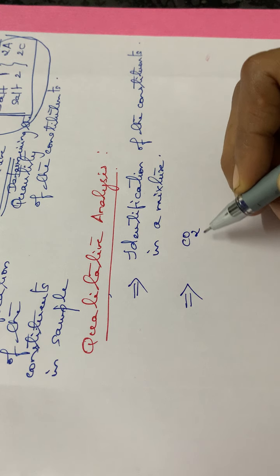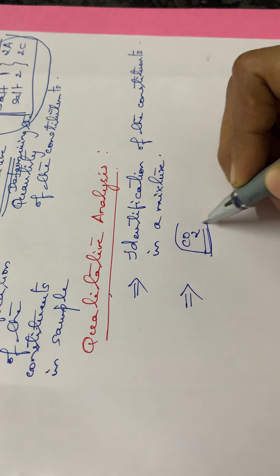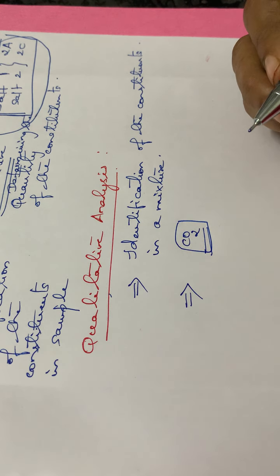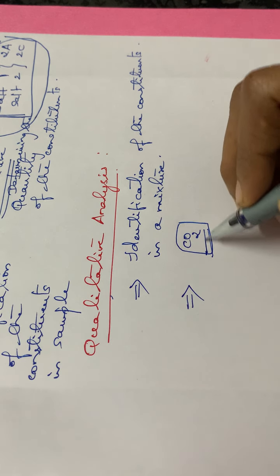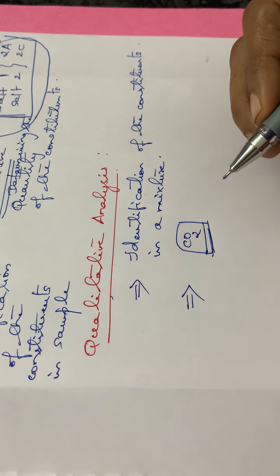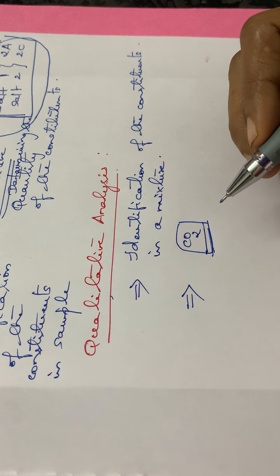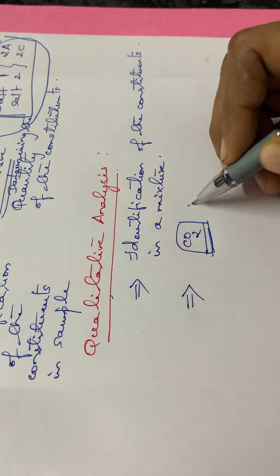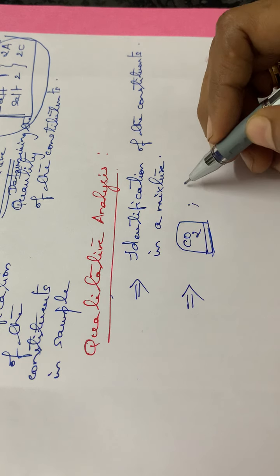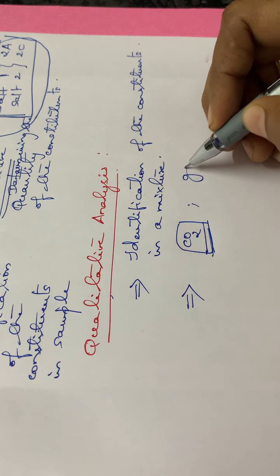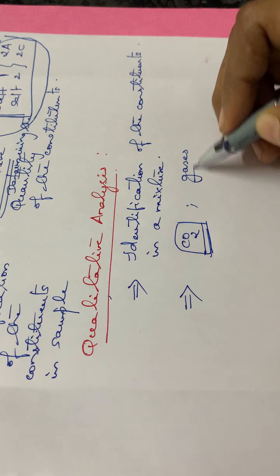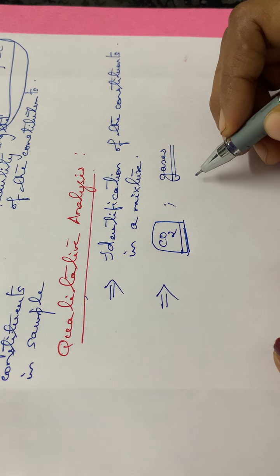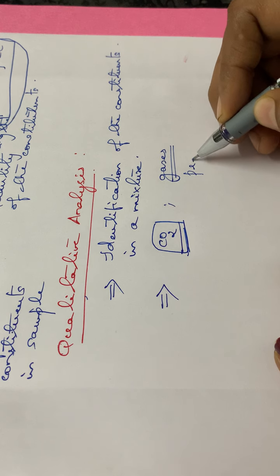In some cases there will be the liberation of carbon dioxide gas, and we can say that there will be an acid present. While we are doing chemical reactions, there will be some liberation of gases, and in some cases there will be the formation of a precipitate.